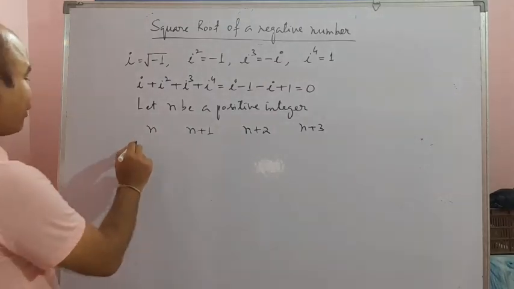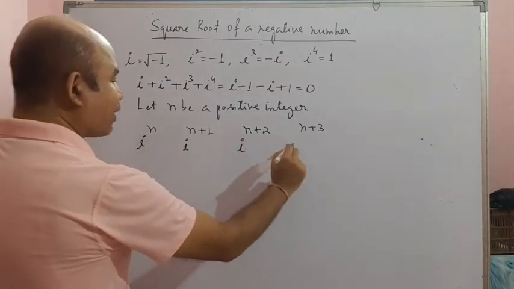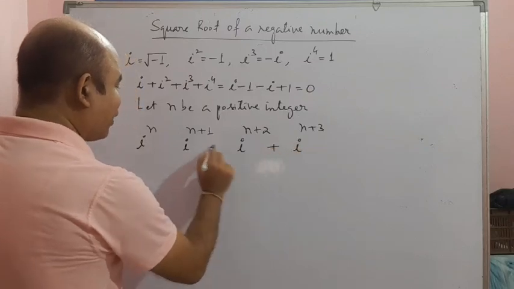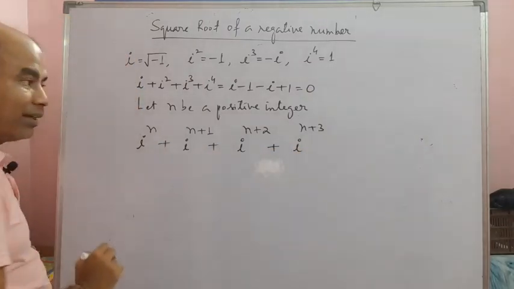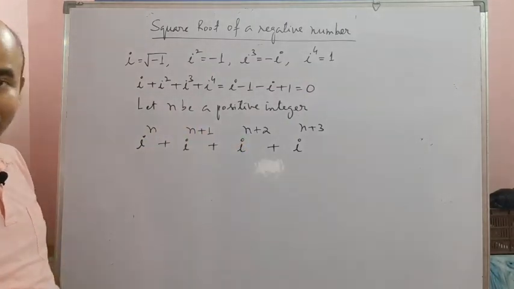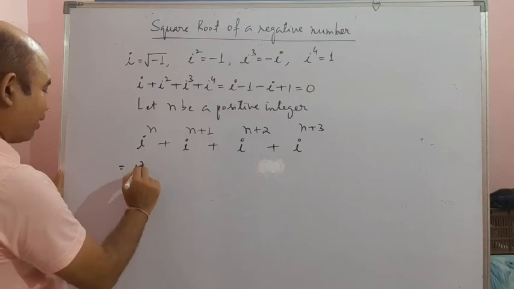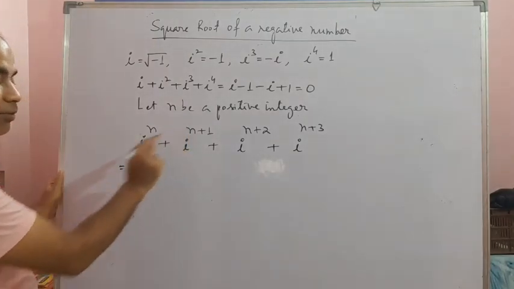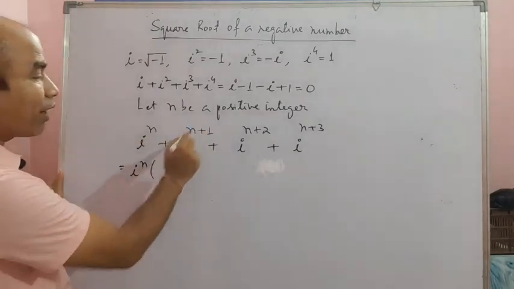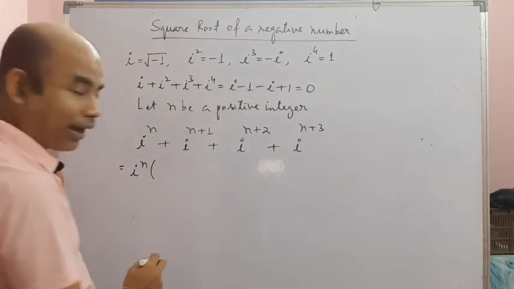Now let us find i to the power n, i to the power n plus 1, i to the power n plus 2, i to the power n plus 3, and find the sum. That means here I have taken i to the power any 4 consecutive integers, and what is the sum of that? Here i to the power n is a common factor. i to the power n plus 1 is actually i to the power n into i to the power 1, then i to the power n into i to the power 2, and i to the power n into i to the power 3.